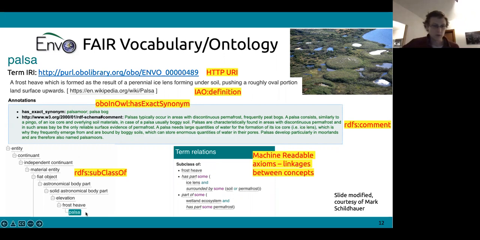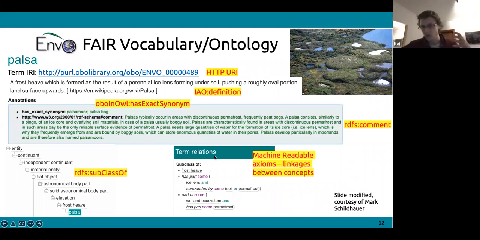You can see that pulsa is a type of frost heave, which is a type of elevation, which is a type of solid astronomical body part, etc. And this is all denoted using the RDFS subclass relationship. So this makes it a machine searchable graph that you can look through to discover subclasses that might be relevant to your question of interest.